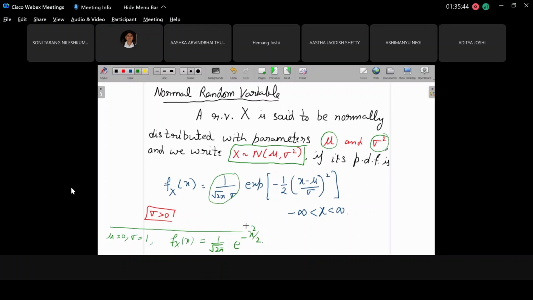I think you are very much familiar with this function, where it is appearing. Can you tell? This function, did you see anywhere?